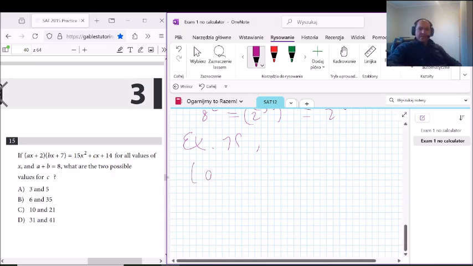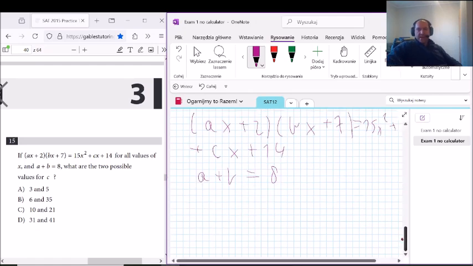Okay, so we have ax plus 2 times bx plus 7 equals 15x squared plus cx plus 14. And we also know a plus b equals 8.